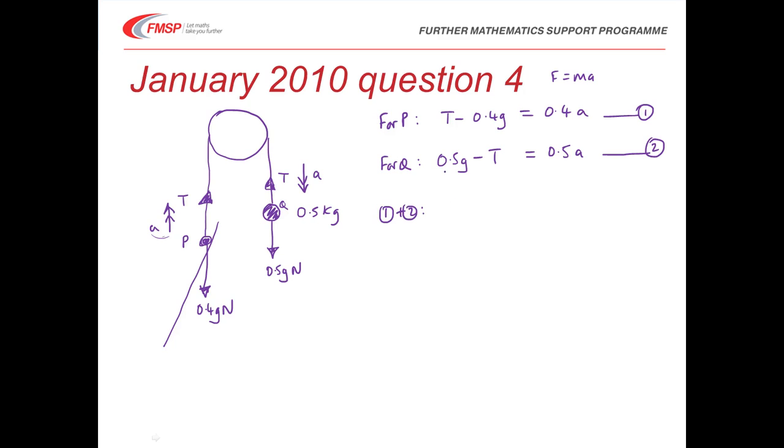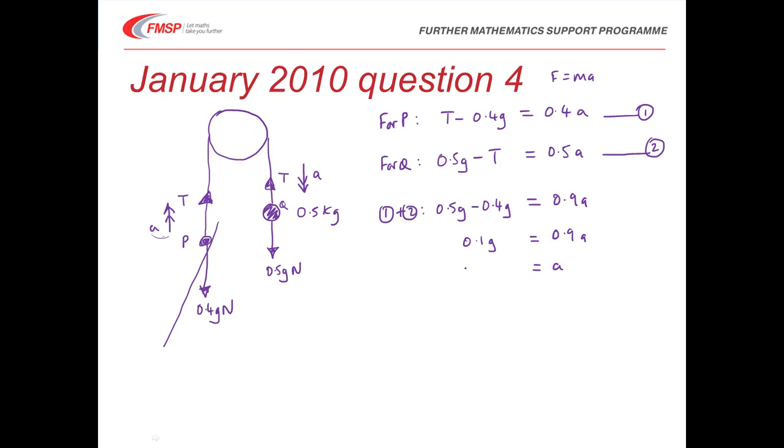And reading from the bottom upwards, 0.5 g minus T plus T minus 0.4 g equals, and adding the right hand side, 0.9 a. Well, if I do the subtraction on the left, it's 0.1 g, which is equal to 0.9 a.